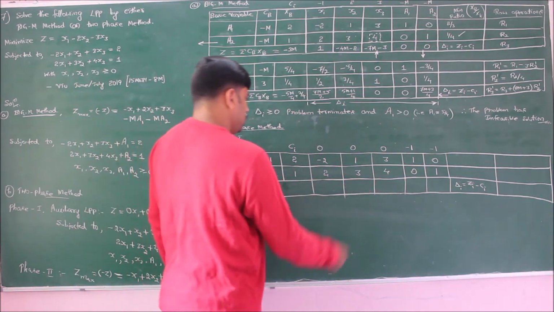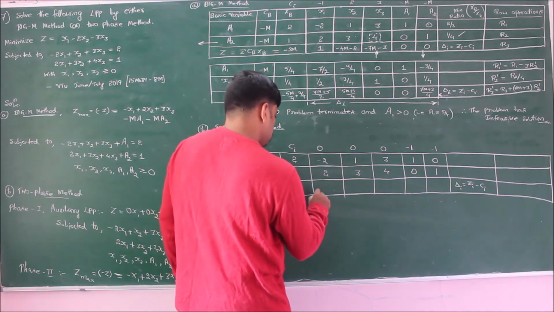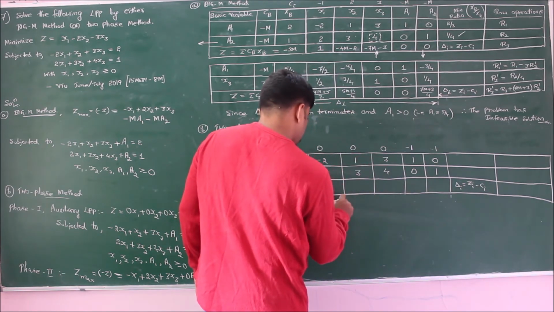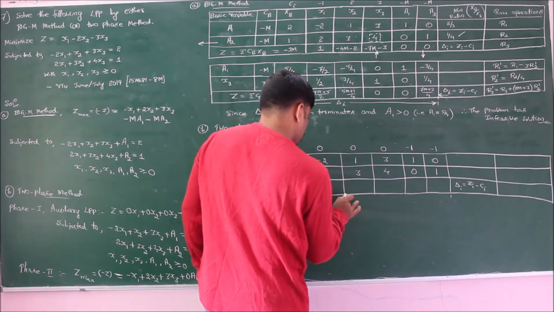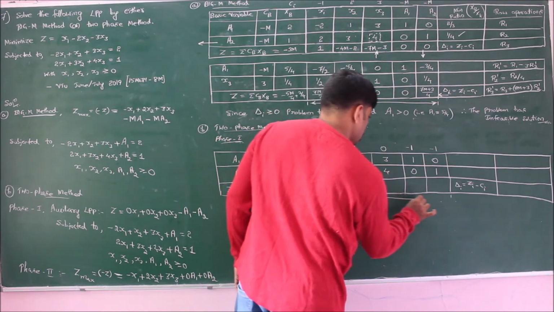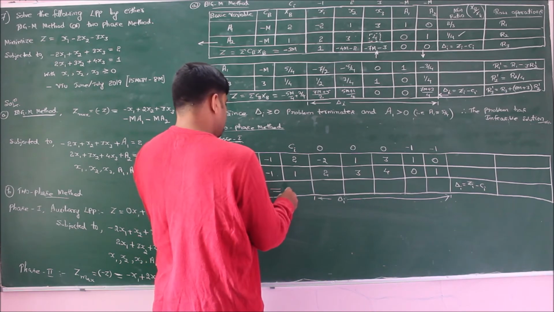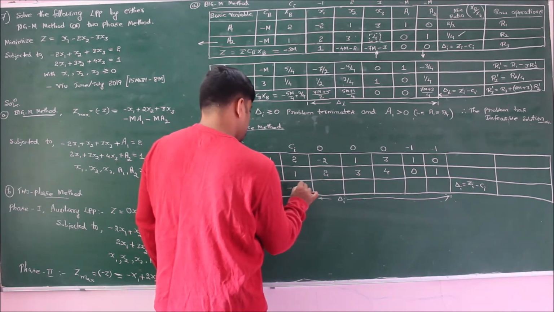If I calculate the value of delta, that is delta is calculated from x1 to a2, summation of cb xp will give us the value as minus 3.